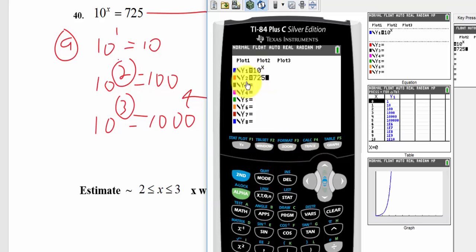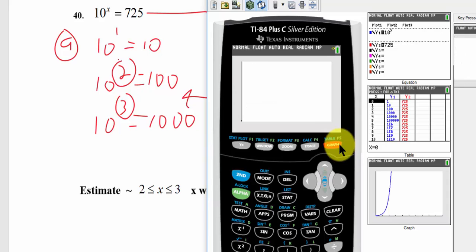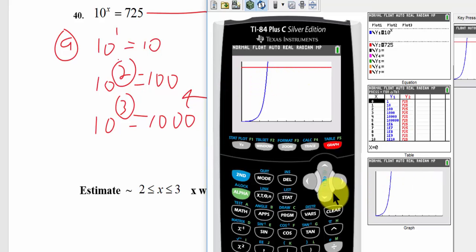But for my window, we're going to have a straight line at 725. So when I press window, my y max has to be bigger than 725. I'll use 800. If you use 750, that's fine. Just any number bigger than 725. Okay, this is first line. Second line's coming. And remember, we know the answer is going to be somewhere between 2 and 3, closer to 3.